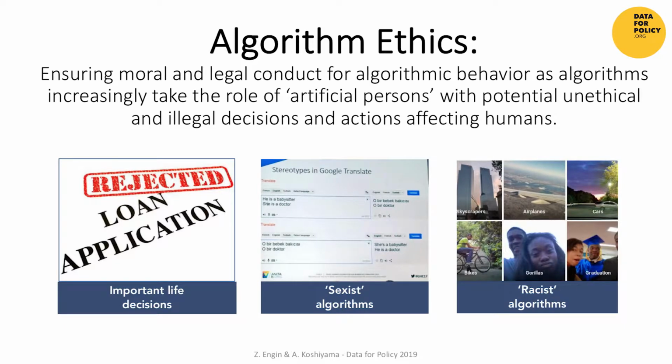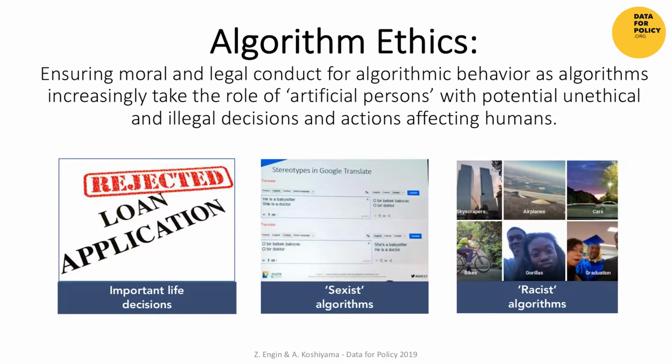In this case, it's Turkish, and in Turkish, both he and she translate to the same word, actually the same letter, O. And when you take the exact same phrases and translate them back to English, Google Translate actually assumes that the babysitter should be a she and the doctor should be a he. So that's how it prefers, basically.